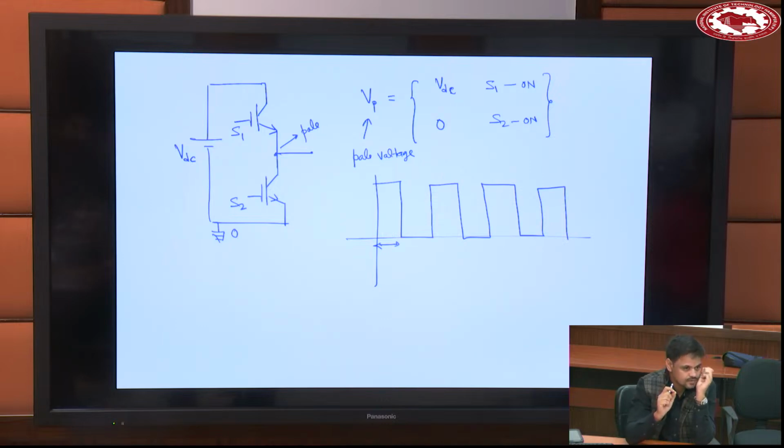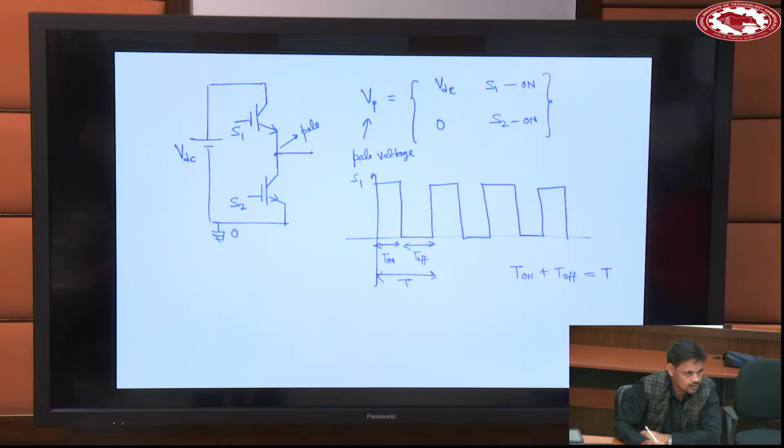Suppose this turn on time, this is S1, this is T on and this is T off. This total time is T. T on plus T off is equal to T, and there is one terminology, duty ratio. D is equal to T on by T.